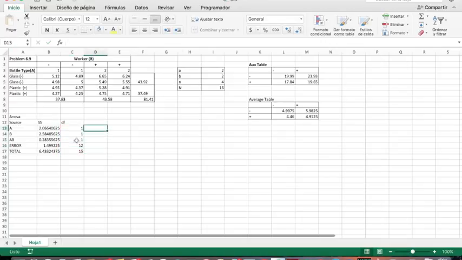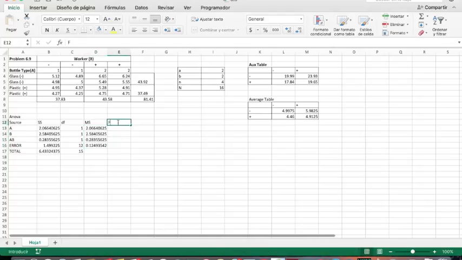It's 12. The MS, we get that by dividing the sum of squares by the degrees of freedom, and we do this for all A, B, AB, and the error.